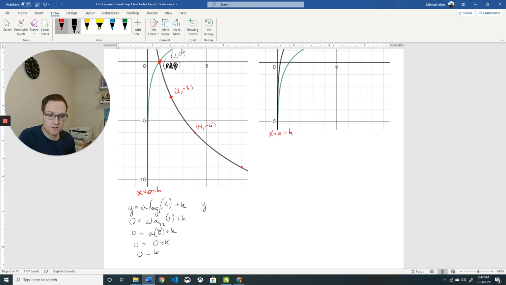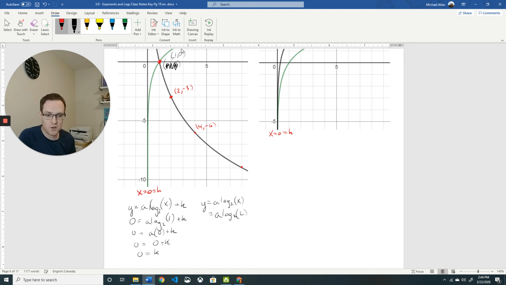So what we know so far is we have a log base 2 of x plus 0 for our k value, but we don't need to worry about that. So now the other point, you pick any one of these other 2 points. So let's say I pick 2, -3. So log base 2 of 2.